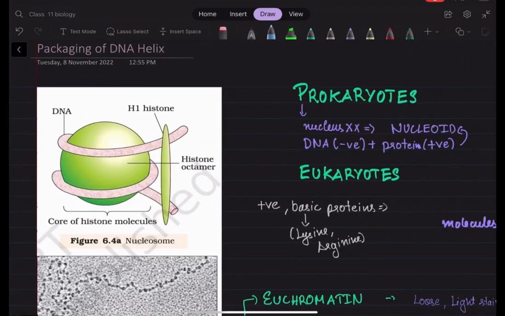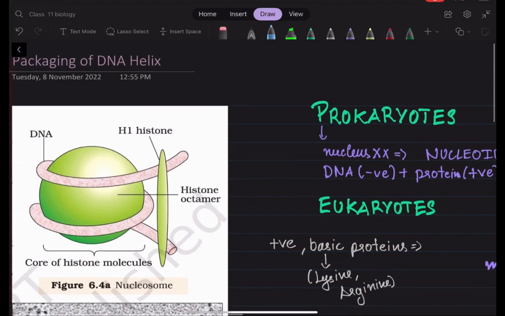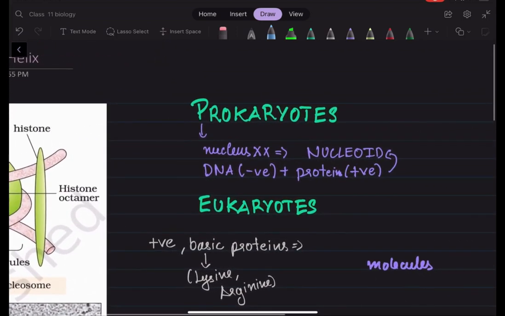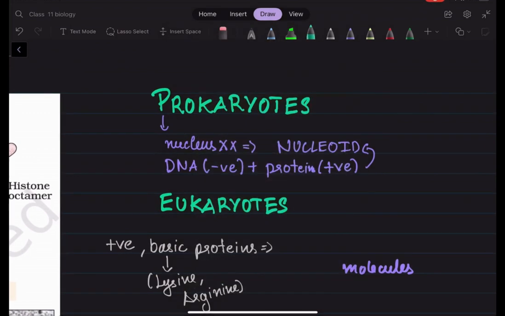Moving to the packaging of DNA helix. In prokaryotes and eukaryotes, there is a difference in the packaging of DNA helix. So let us see that. In prokaryotes, we know that the nucleus is not well defined.